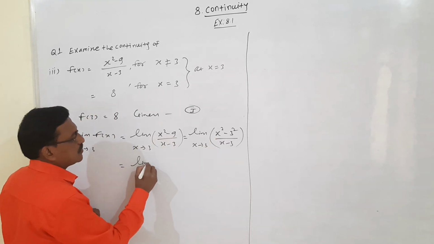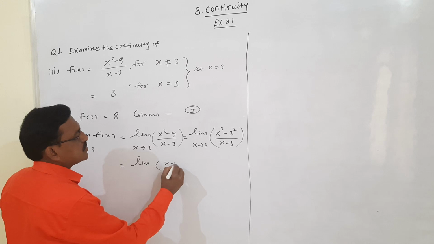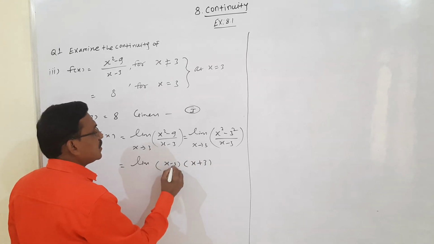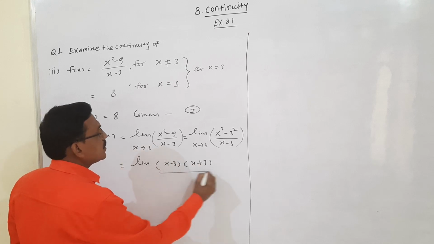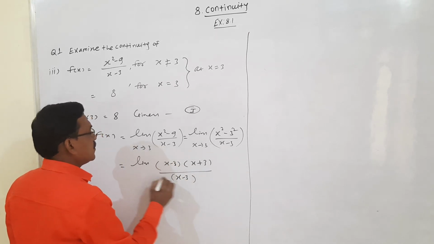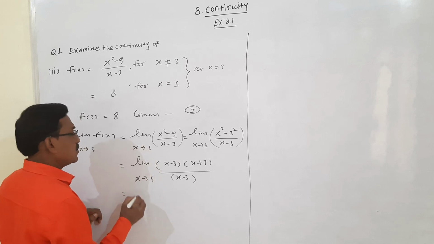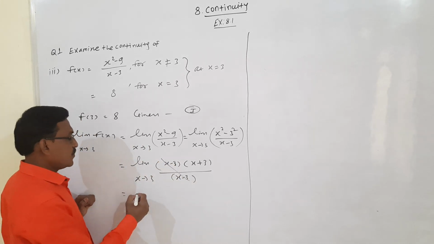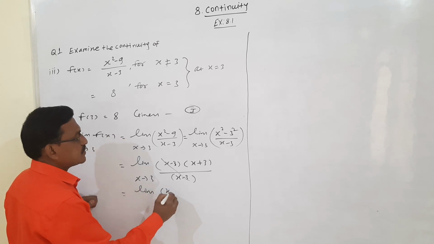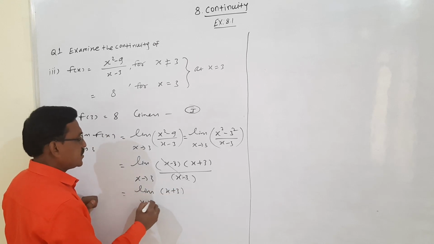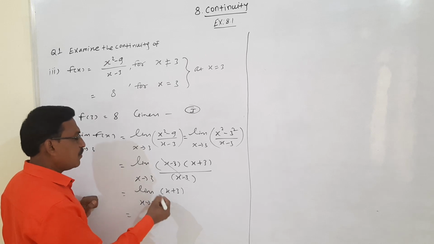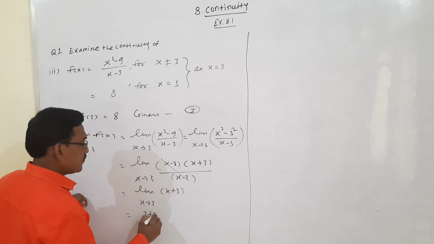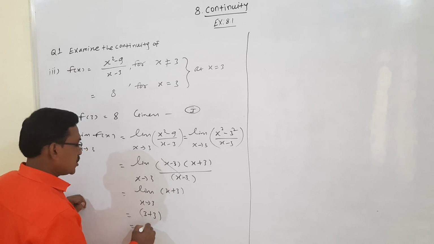So it becomes x minus 3 into x plus 3, divided by x minus 3 as x tends to 3. This common factor will get cancelled, and so it is only the limit of x plus 3 as x tends to 3. Applying the limit as x tends to 3, 3 plus 3 is equal to 6 here.